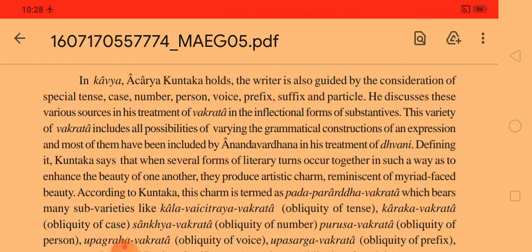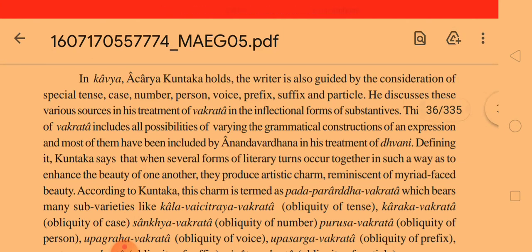Defining it, Kuntaka says that when several forms of literary terms occur together in such a way as to enhance the beauty of one another, they produce artistic charm reminiscent of married-faced beauty.